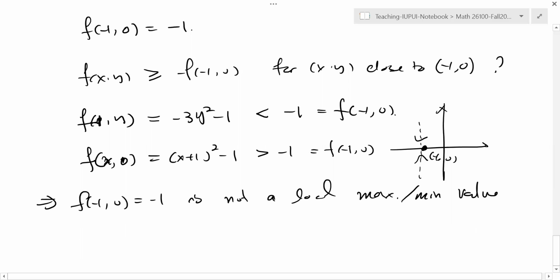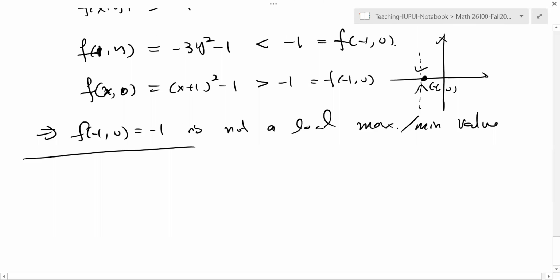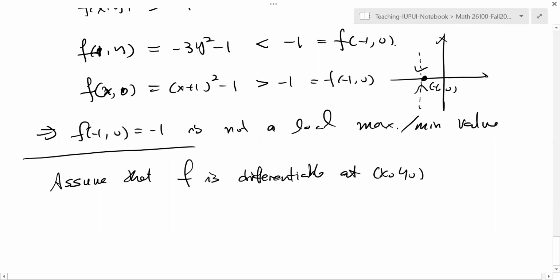But in general, it is difficult to figure out, if the function is more complicated. So what I'm trying to do is we assume that f is differentiable many times at this point, and I also know that this is already a critical point.